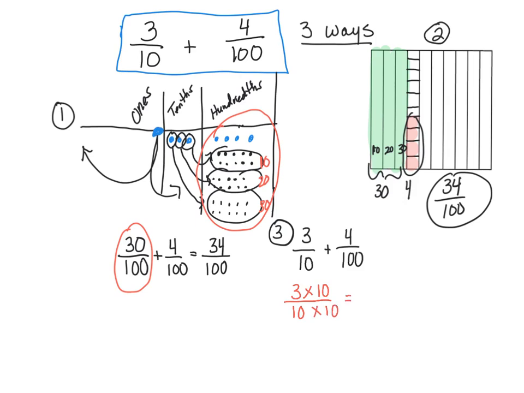So then it becomes 30 hundredths. See how that works now? Now we can add on the 4 hundredths and we can get to 34 hundredths. So you can honestly say this one right here is what I prefer because it's quicker.